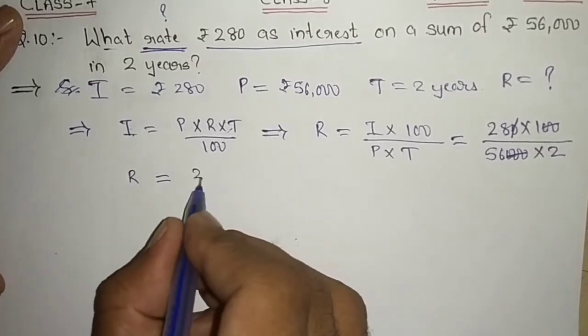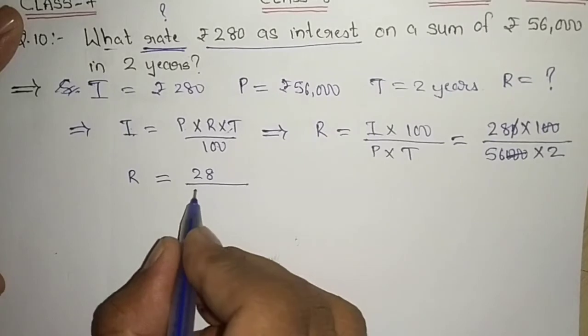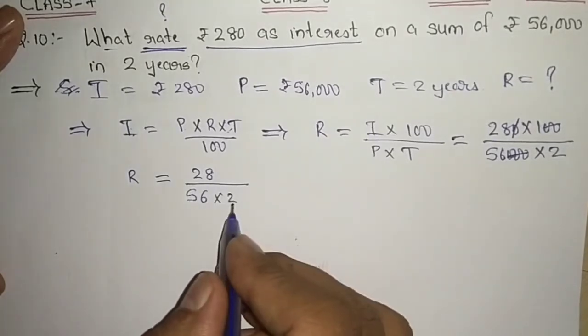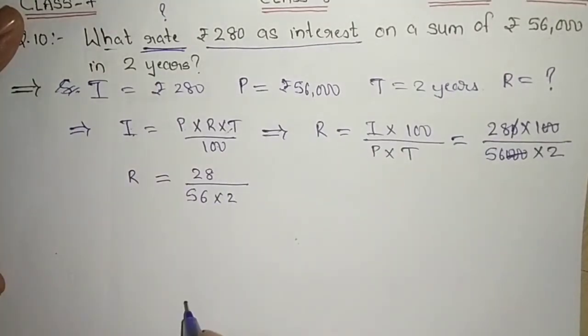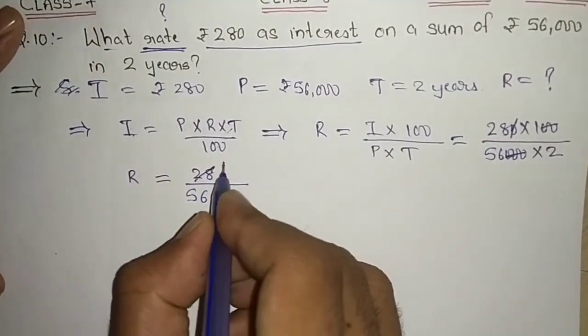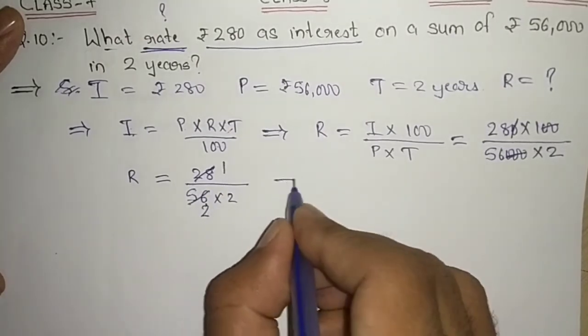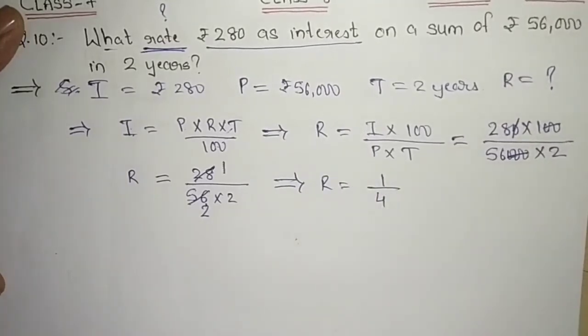R is equal to 28 into 1, 28, 56 into 2. Keep this 2 as it is. 28 ones are 28, 28 twos are 56. That implies R is equal to 1 by 4.